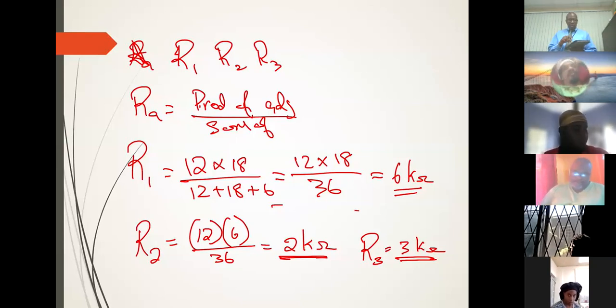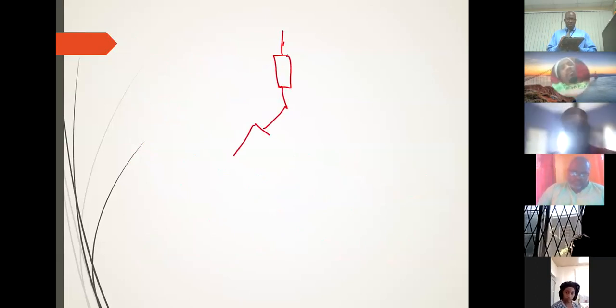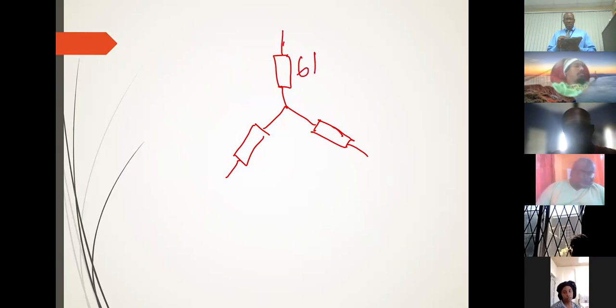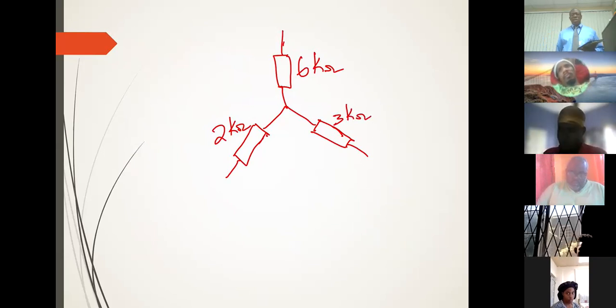All right, so we have them 1, 2, 3. I'm going to start by drawing those 3 resistors or resistances. All right, R1, that was 6K. R2 was 2K. And R3 was 3K. Now I want us to go back to the original circuit.